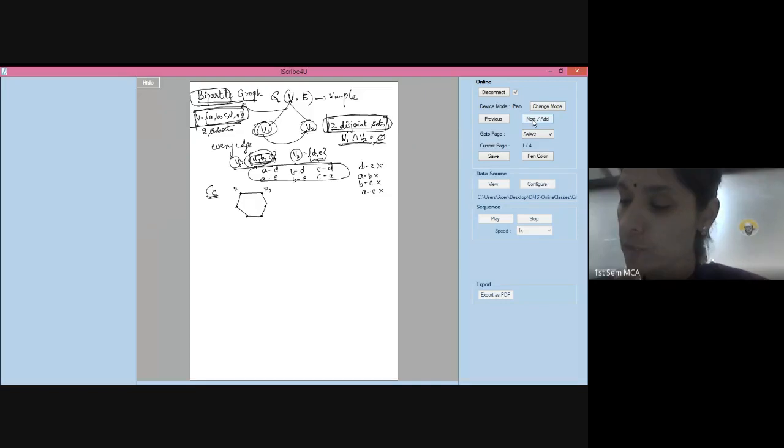Let me name the vertices V1, V2, V3, V4, V5, V6. All right. Now, can I call this graph bipartite?